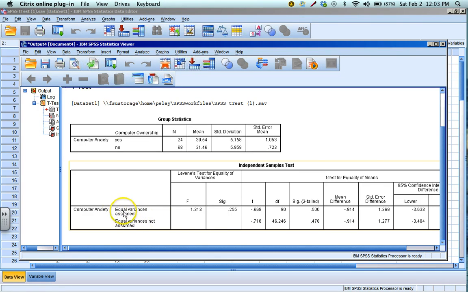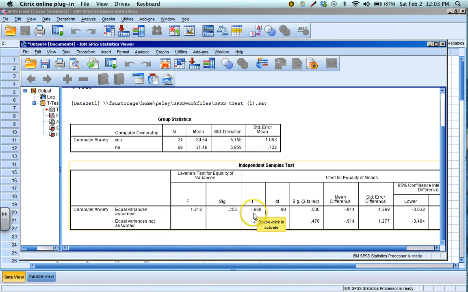So the only thing we have to pay attention to would be this top row of information here. If this was 0.05 and below, then we wouldn't pay attention to the top one. We would assume that they are not equal. But since this test is not significant, we accept the null hypothesis, and we'll read from there. So now to our t-statistic.